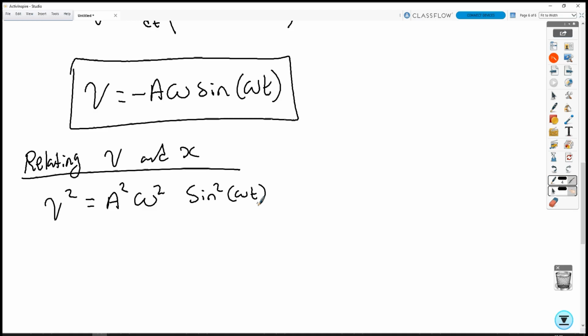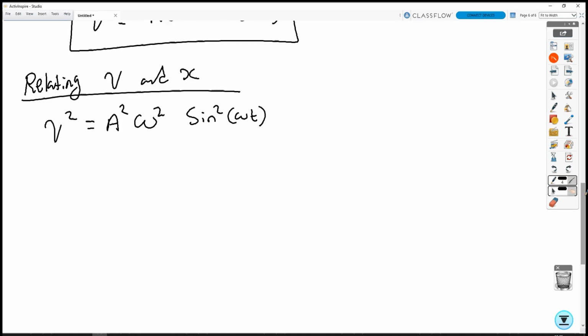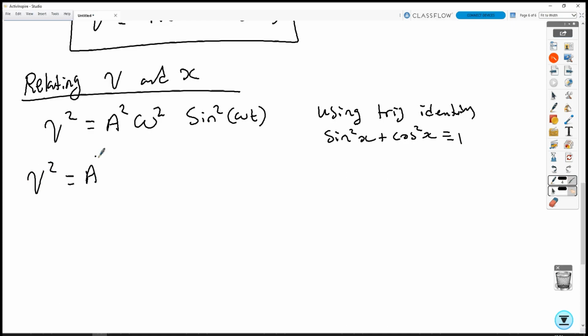Now, we use our trig identities. Sine squared x plus cos squared x always equals 1, so sine squared is equal to 1 minus cos squared. So we've got v squared equals A squared omega squared multiplied into 1 minus cos squared omega t.